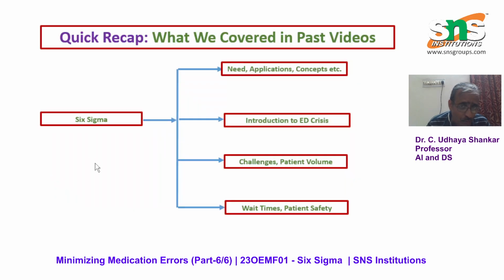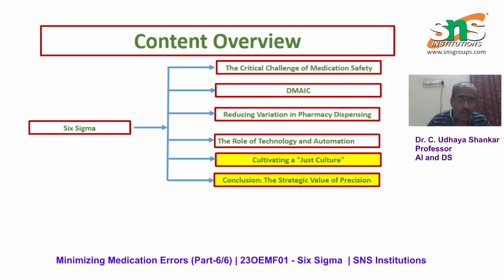Let us have a quick recap of what we have discussed in the previous videos. We discussed the need, application, and concepts. We gave a small introduction to the ED crisis, the different challenges, patient volume, wait times, and related aspects. Patient safety has been discussed. In this series, we discussed the critical challenge of medical safety.